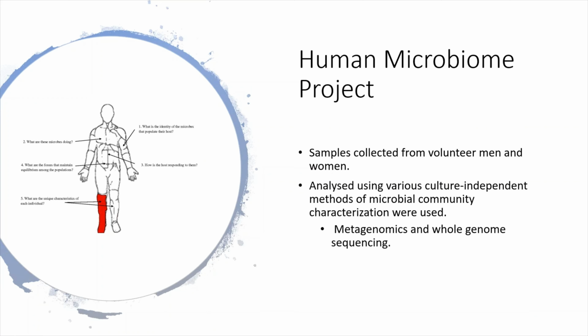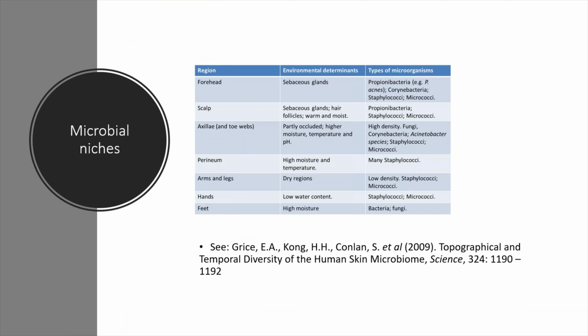And this next slide shows an output from that research. And this is a characterization of the skin microbiome drawn from a paper by Grice and colleagues. And here it's showing the different types of microorganisms that are found in relation to different niches.